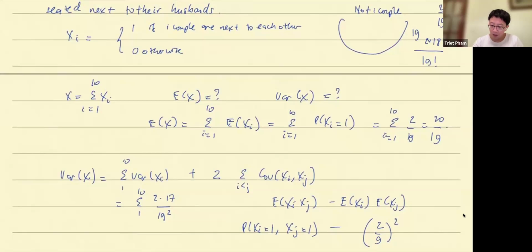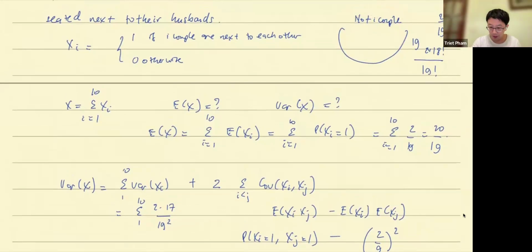So here, notice that it will be the same as this argument, but it's easier if you choose this approach, meaning choose someone not the i or the j couple, because you can choose anyone to be an anchor, really. So again, there'll be 19 factorial ways to arrange the remaining. But out of that, we have 17 factorial, and then 2 squared ways to make sure that these two couples are next to each other.